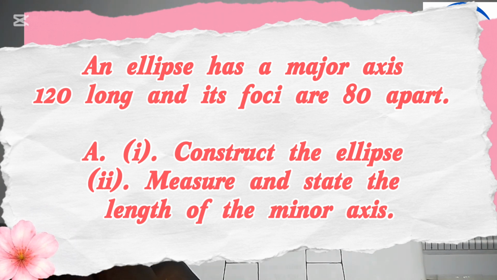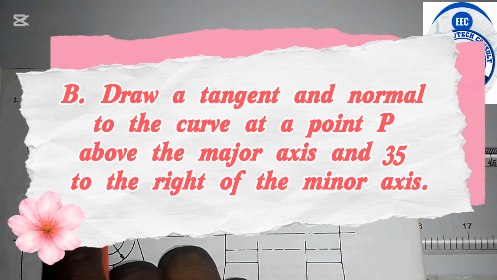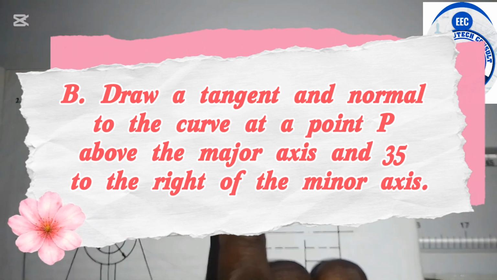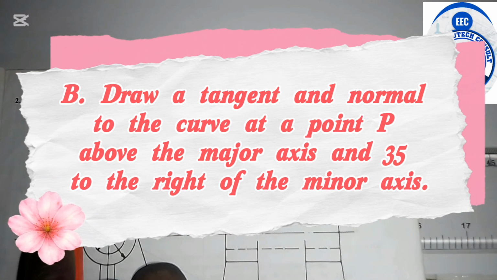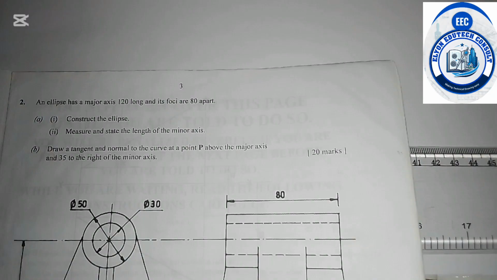Roman figure 2: measure and state the length of the minor axis. Then question B says draw a tangent and normal to the curve at a point P above the major axis and 35 to the right of the minor axis. You can see the question carries 20 marks.